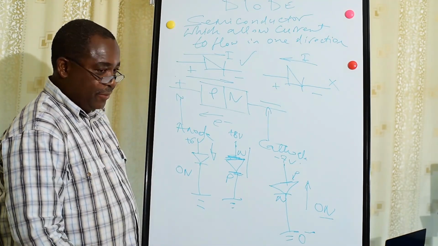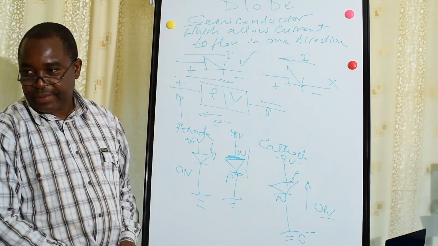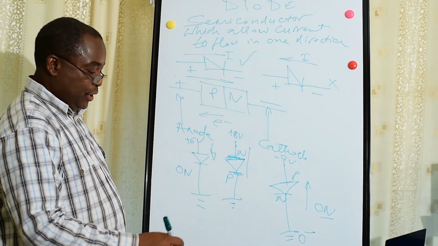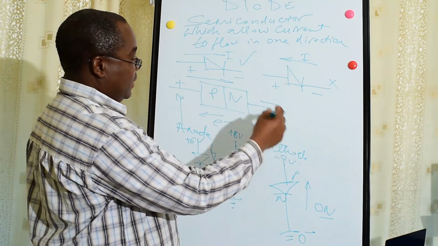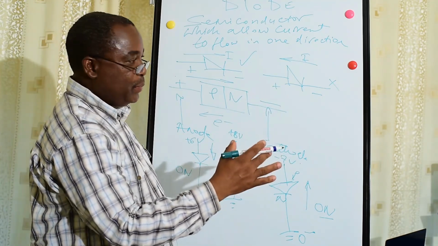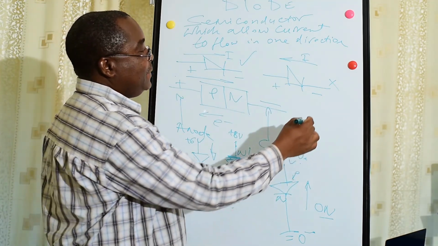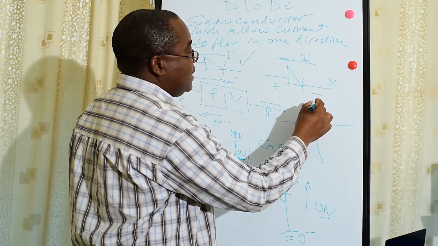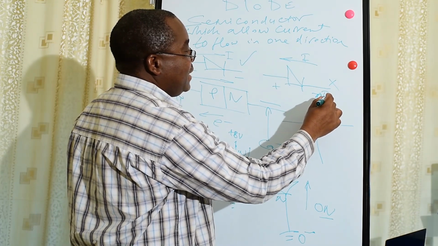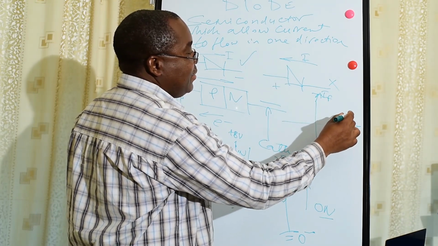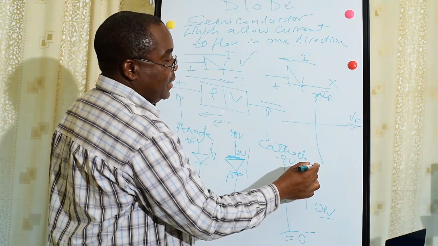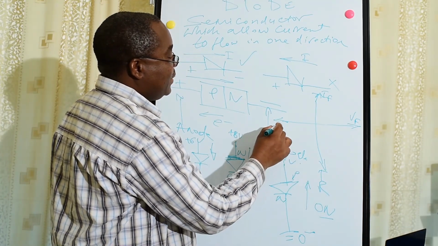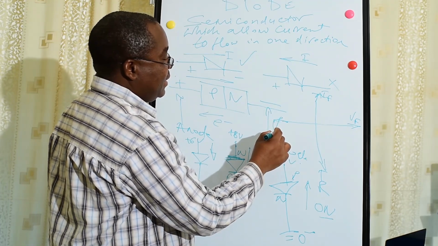So let's see the graph of a diode, which puts the properties of the diode together. This is the forward current, and this is forward voltage. Here you have a reverse current, and here you have a reverse voltage.